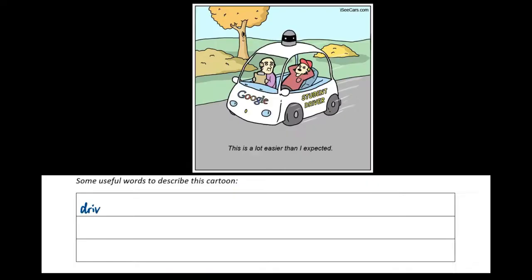Before we get into the description of the cartoon that you see here again, let's collect some words that are useful for describing it. So first of all, we have the words driver and passenger seat. To recline means that you put your seat in a more relaxed position.